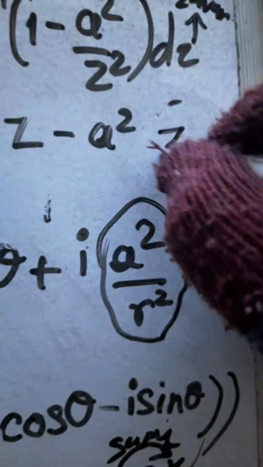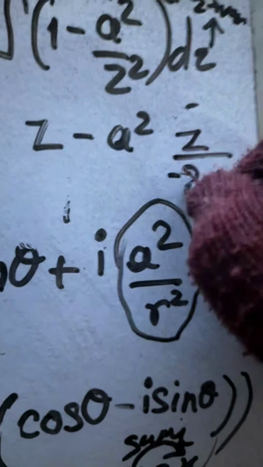So the z square integration would be minus 2 plus 1, like minus 2 was the raised to thing there, and here the raised to thing is n. So minus 2 is the n, and what do we do with n? The raised to thing we take it down, like divide it by its plus 1.